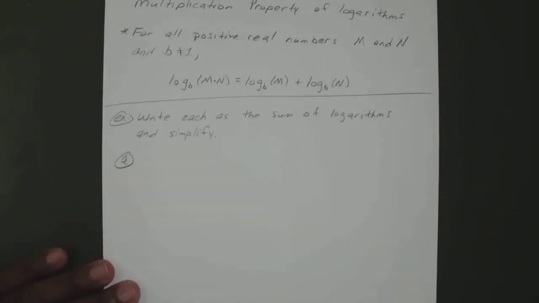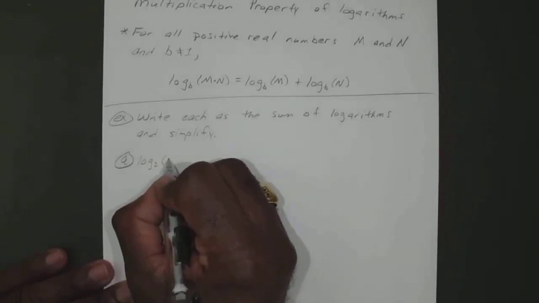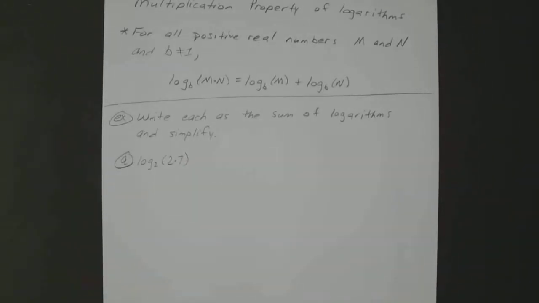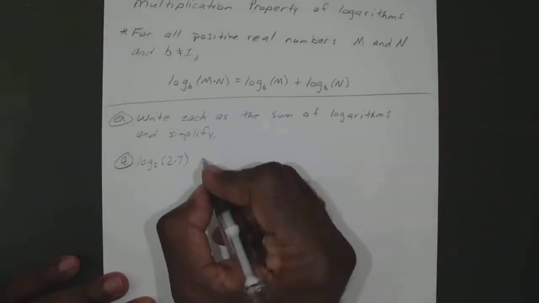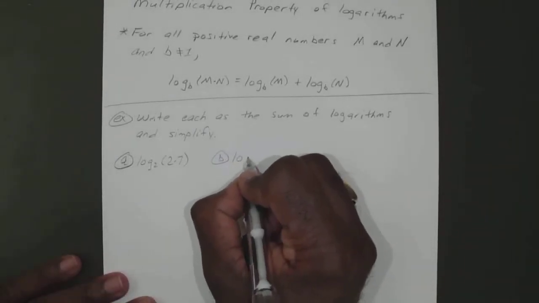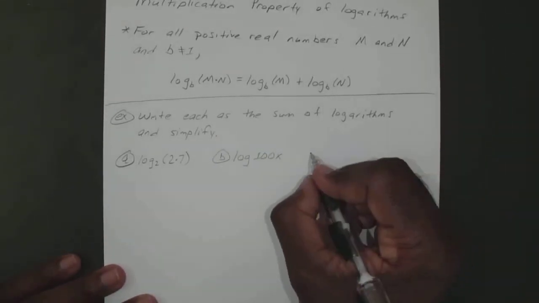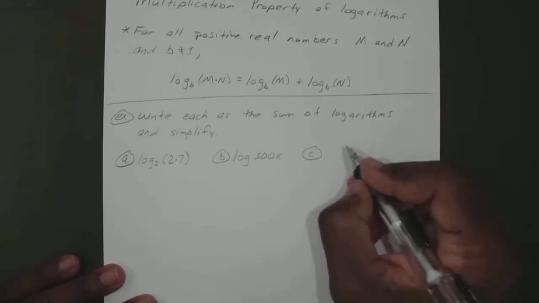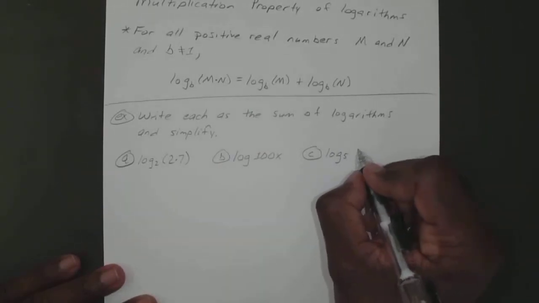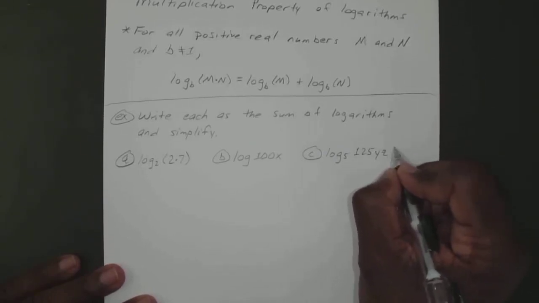For problem A, we have log base 2 of 2 times 7. I know it's 14, but we'll just practice with that one. For problem B, log of 100x. And for problem C, log base 5 of 125 times y times z.